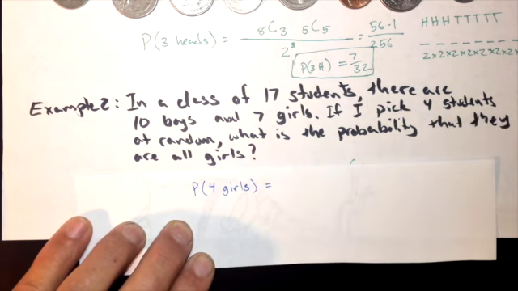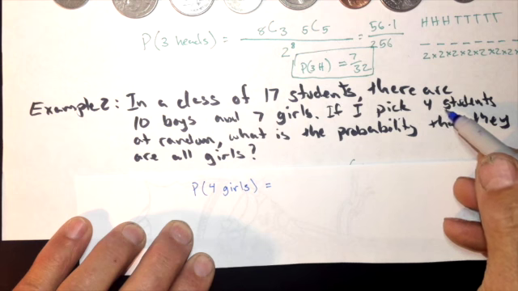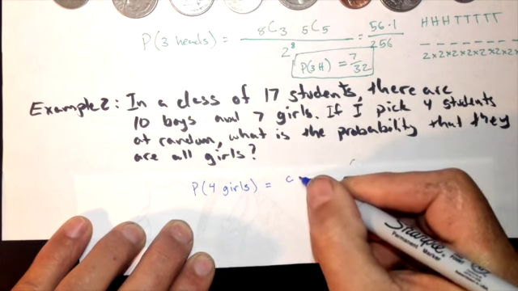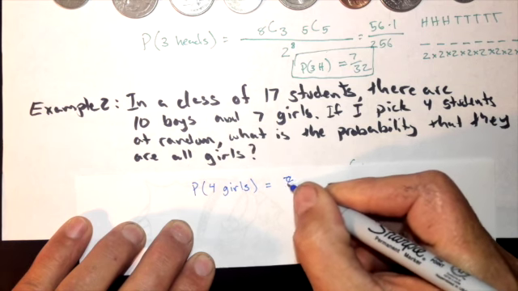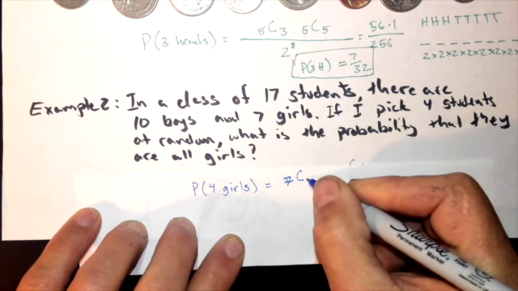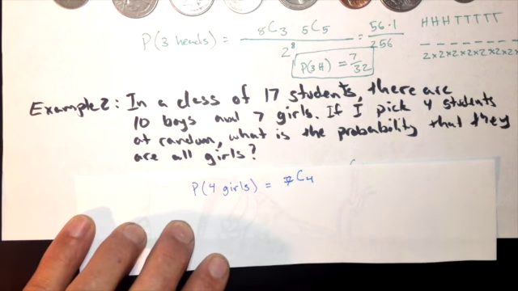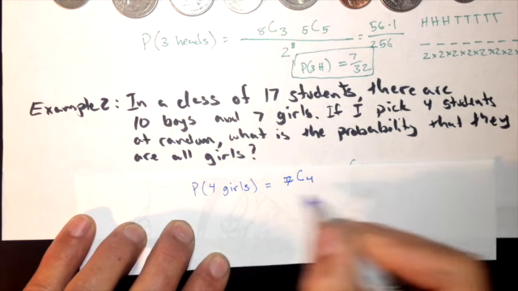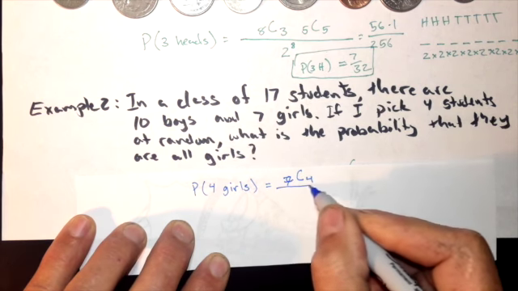So the number of ways to choose the 4 girls out of 7 girls would be 7 choose 4. That's the number of ways to choose 4 girls from 7. So that's all the combinations of girls I can have.